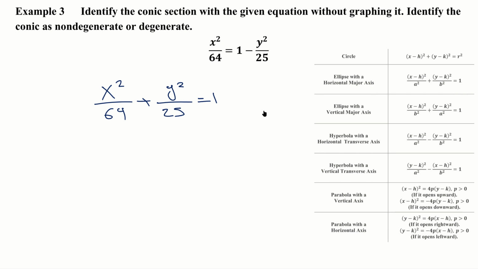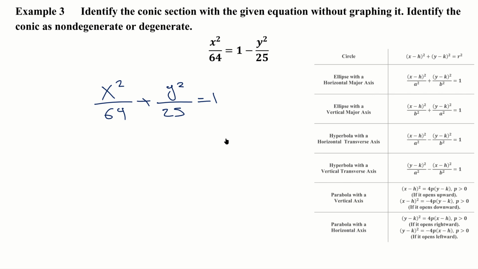It is, of course, one with a horizontal major axis, because the a squared, which is under x squared, is the larger number. And we're right here in this form with h and k both being what? 0, right? So the center would be at 0, 0. But again, we've done plenty of graphing.